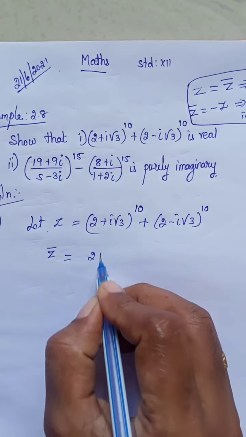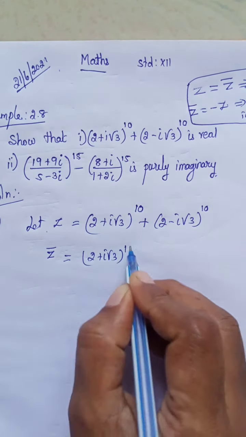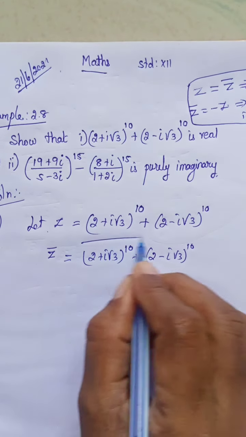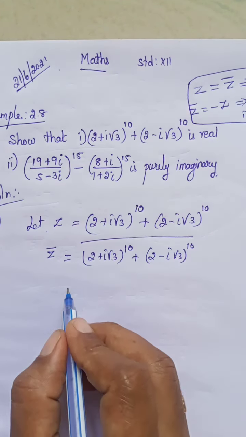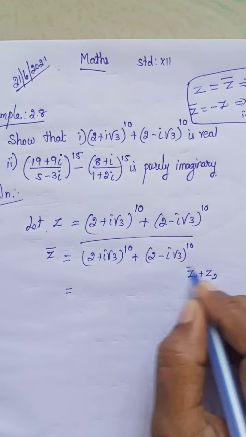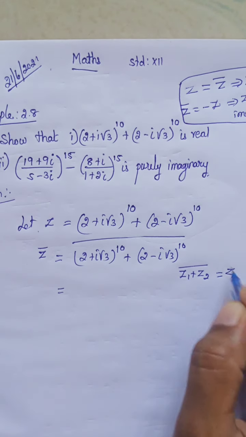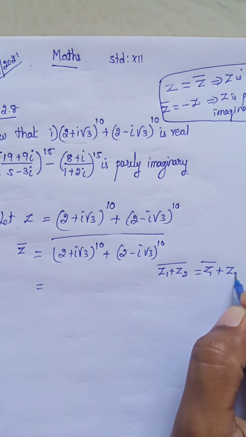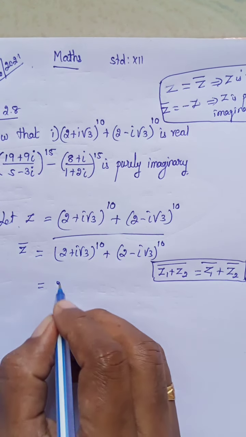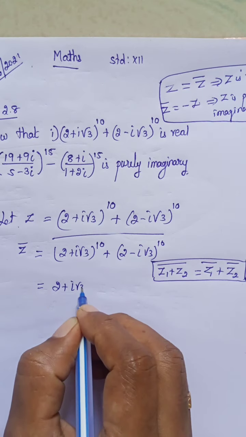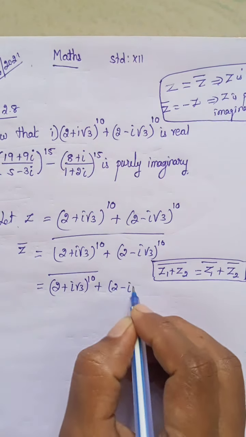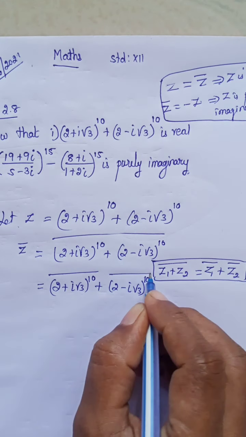Z bar is the bar of (2 plus i root 3) the whole power 10 plus (2 minus i root 3) the whole power 10. Now I am going to split it, because we know Z1 plus Z2 the whole bar is equal to Z1 bar plus Z2 bar. Using this, we get the bar of (2 plus i root 3) to the power 10 plus the bar of (2 minus i root 3) to the power 10.